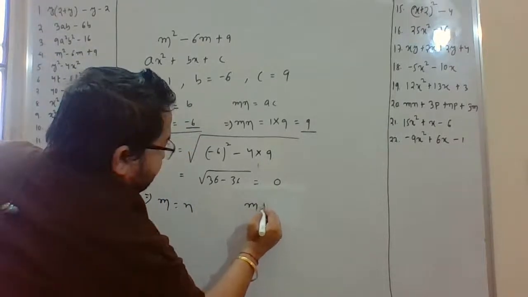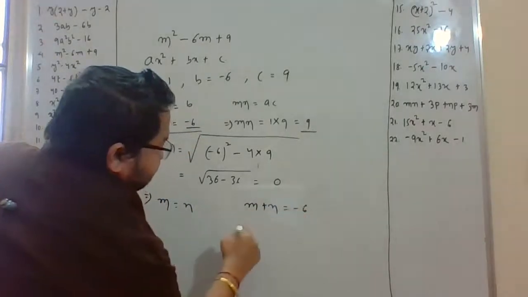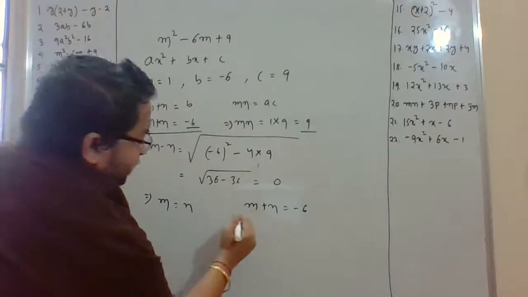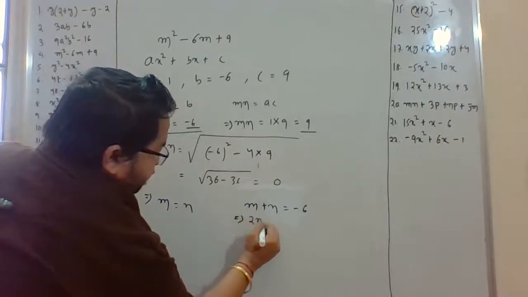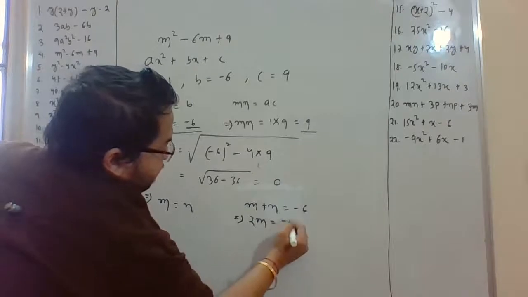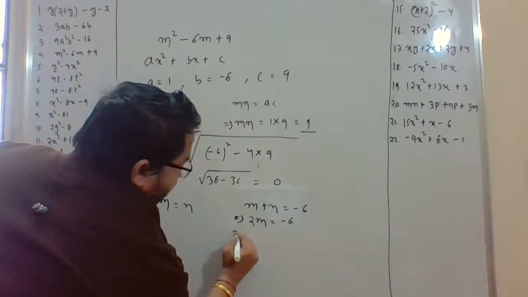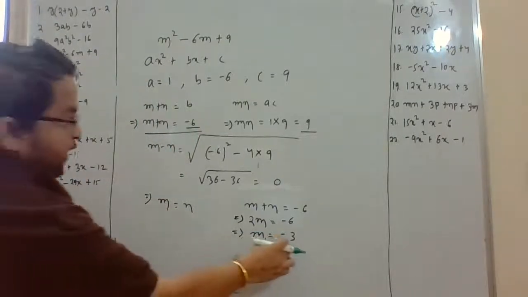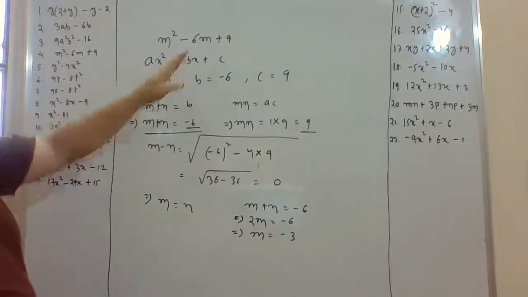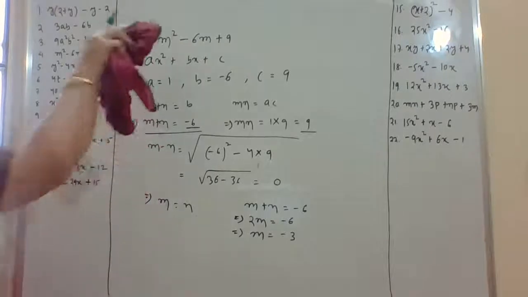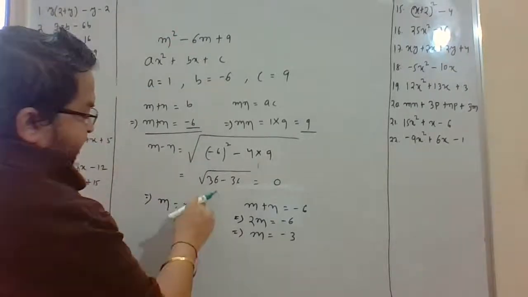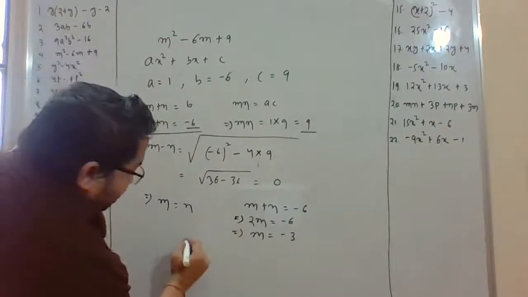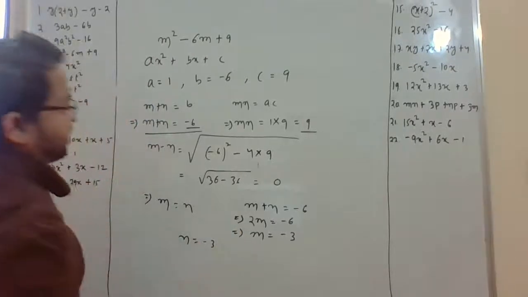If m and n are the same, then I can say 2m is nothing but minus 6, or m is nothing but minus 3. If m is minus 3, as m equals n, obviously n will also be minus 3.